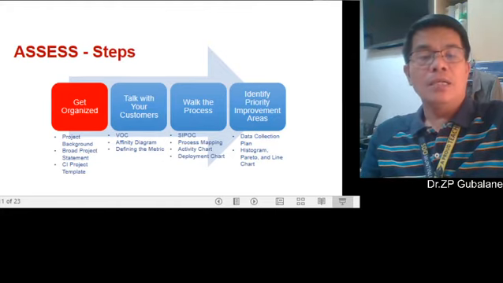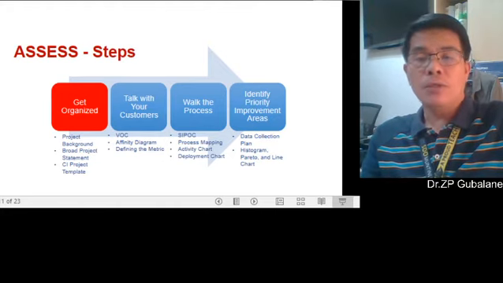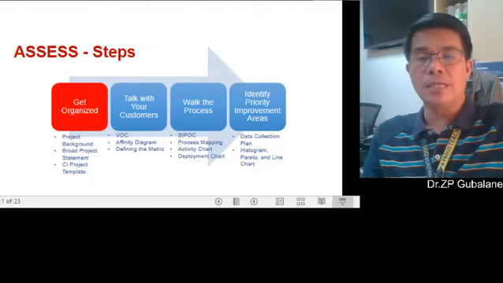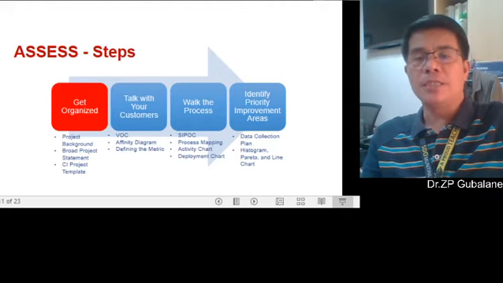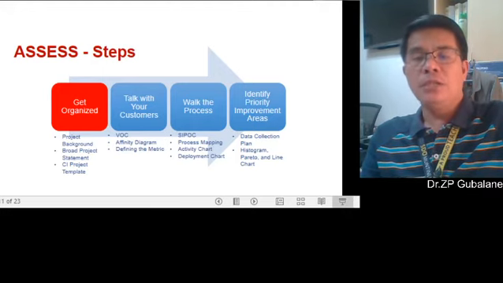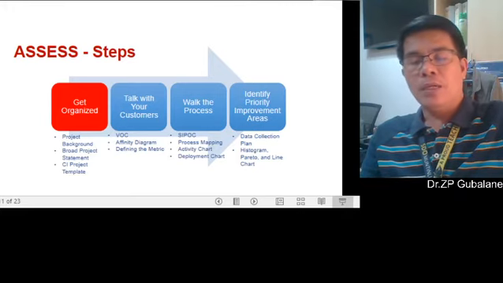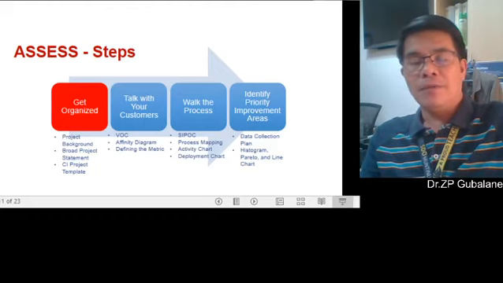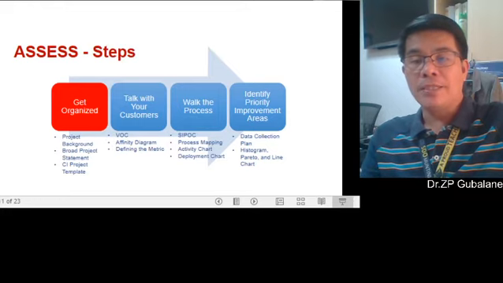Okay? It has something to do with talking with people who are involved in the process, like teachers, like students, like the master teachers. So it is very important to have a discussion with them when it comes to various concerns, issues, gaps, and problems that we are actually facing right now.